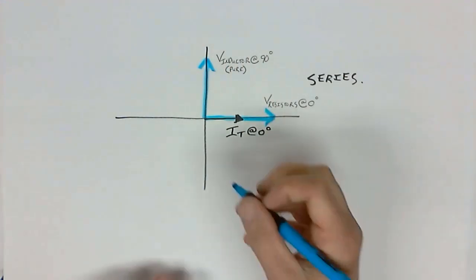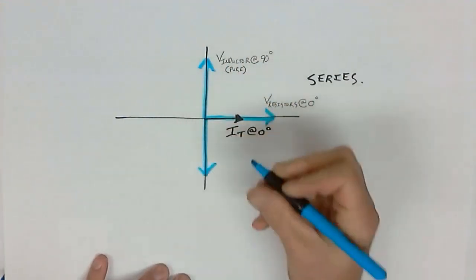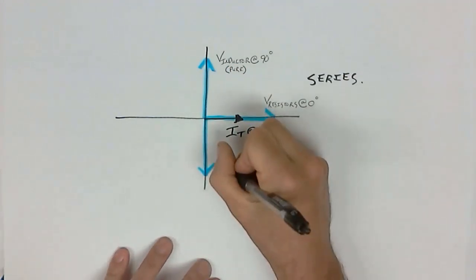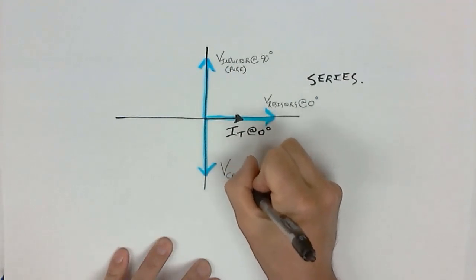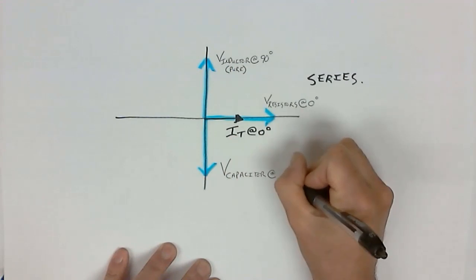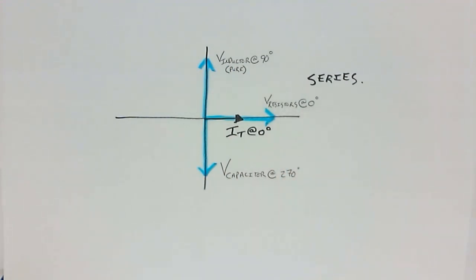And then finally, we have the voltage here, which is the voltage of a capacitor. And that is always sketched at 270 degrees.